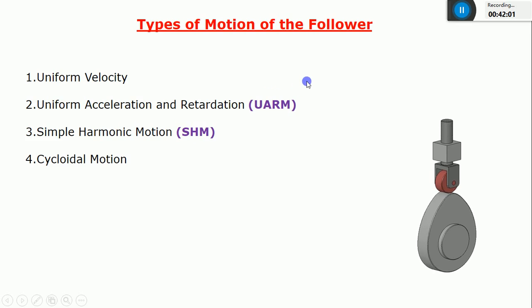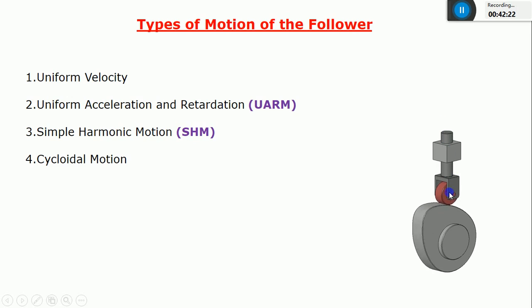While explaining the features of the cam, I explained that the cam will have a uniform speed, correct? Always the cam will be rotating with a uniform speed. But what about this follower? You can see in the different types of followers, the velocity of the follower changes.